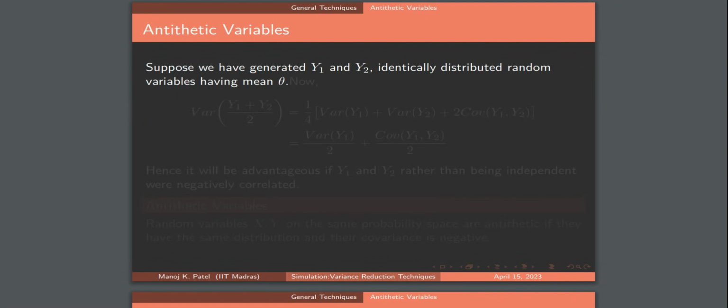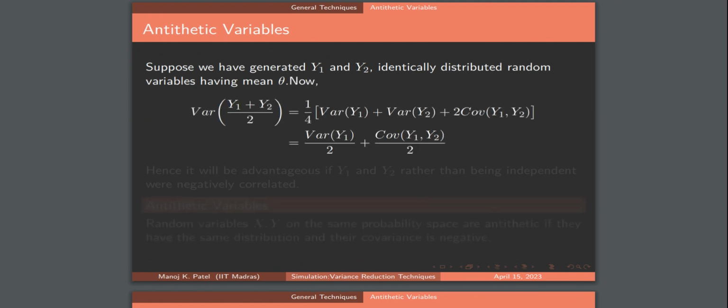Suppose we have generated Y1 and Y2, identically distributed random variables having mean theta. Now look at the variance of (Y1 plus Y2) over 2. This will be the variance of Y1 over 2 plus the covariance of Y1 and Y2.